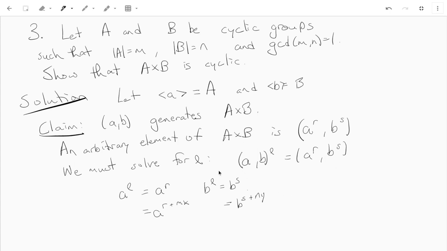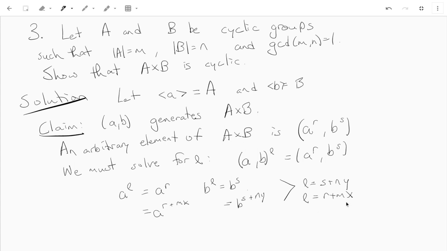Or, using this, we know that b to the L minus S is the identity, which means L minus S has to be a multiple of N, and L minus R has to be a multiple of M. That's probably a better way to state it, but in any case we get L equals S plus NY, and L equals R plus MX.